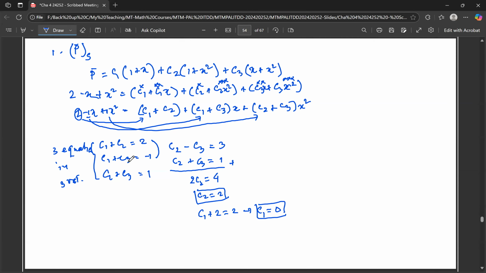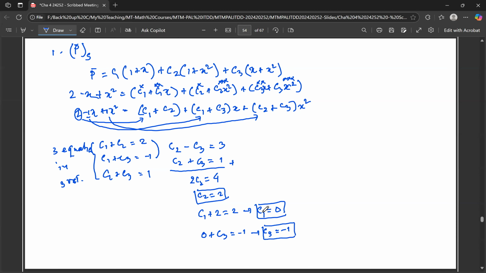We can use any equation, maybe here: C1, which is 0, plus C3 is equal to minus 1. So we have C3 is equal to minus 1.